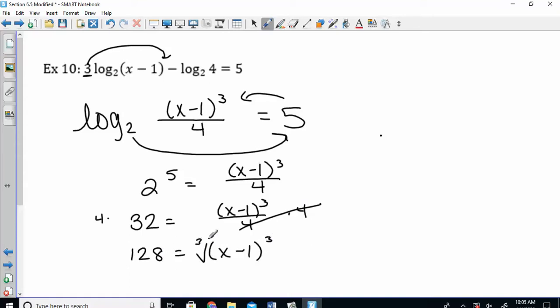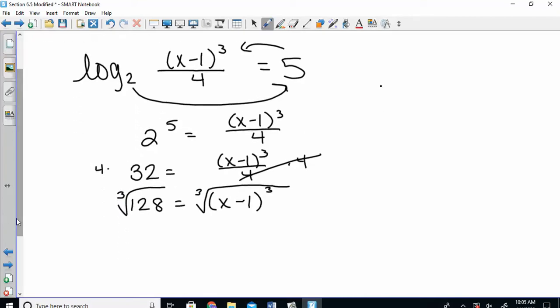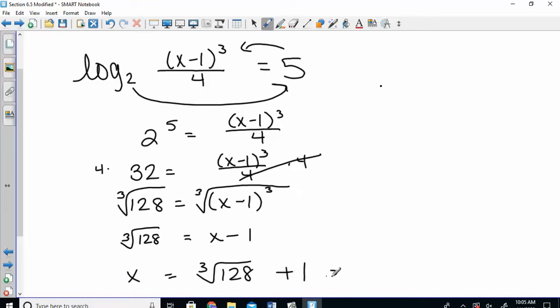How do you get rid of a cube? Cube root. Can we do the cube root of 128? No. Okay, let's just keep it. Then what would you do? We have the cube root of 128 plus 1. That's the exact answer.